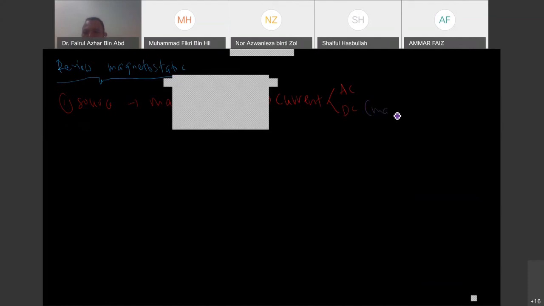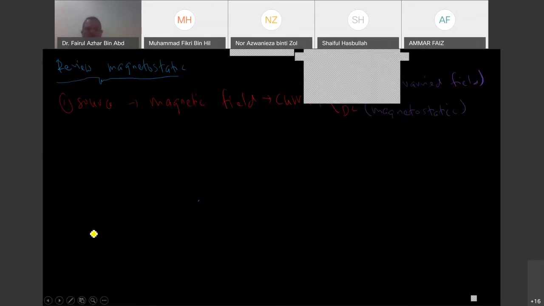The DC current will produce a magnetostatic field, or static field. If the study is focused on AC current, then in that case we will study time varying fields.